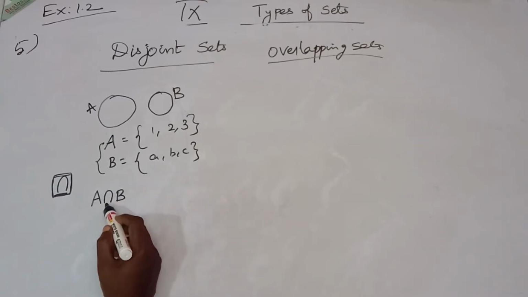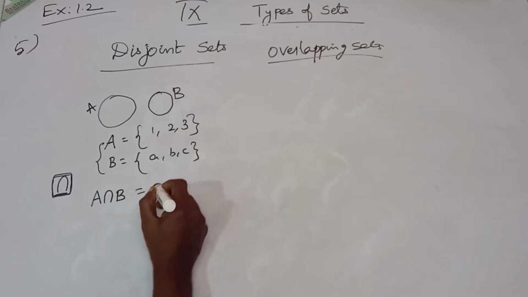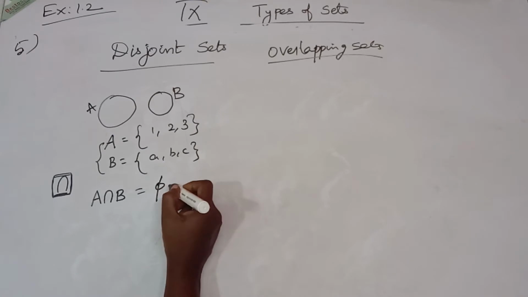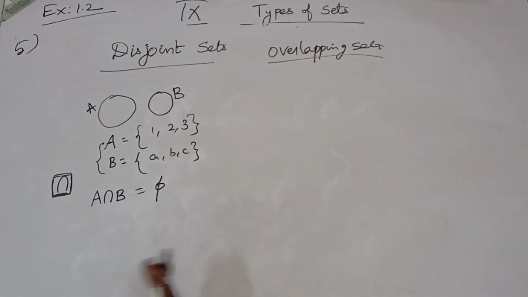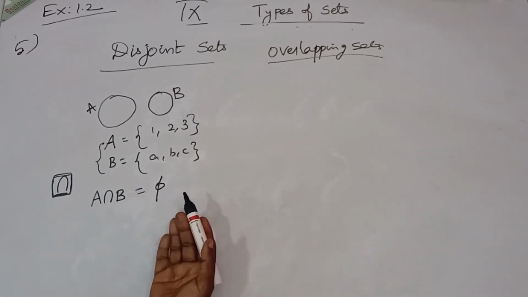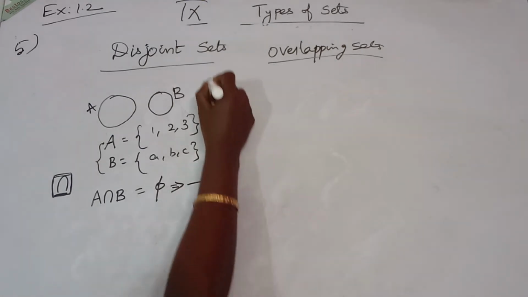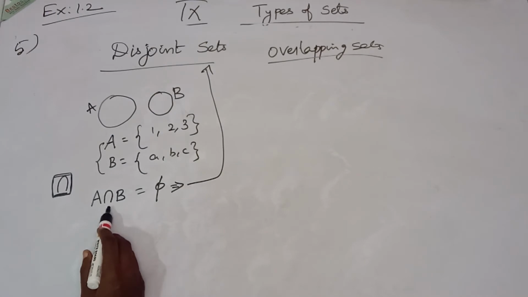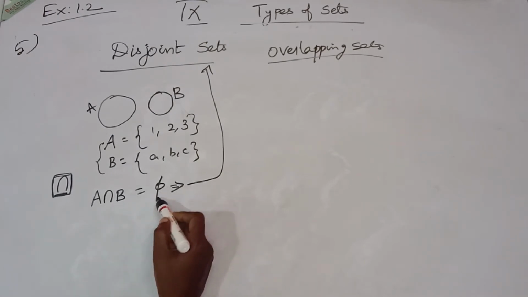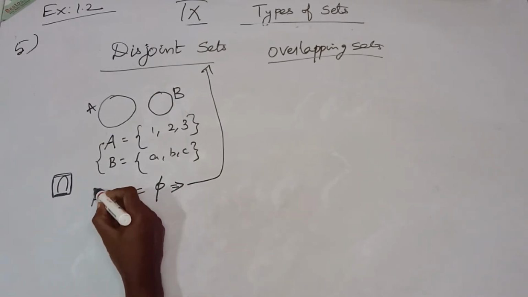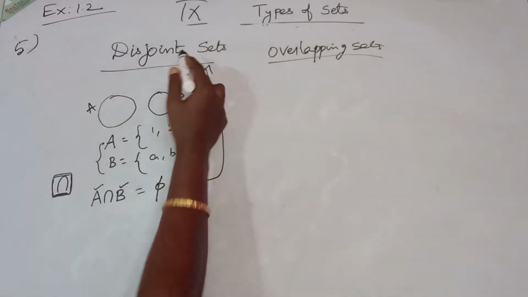That is A intersection B. If A intersection B is the null set, the empty set, meaning there is no element, then we can say the sets A and B are disjoint sets.